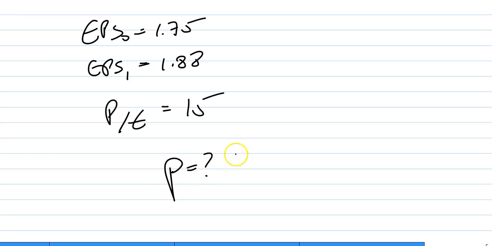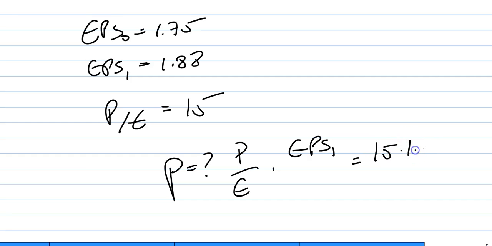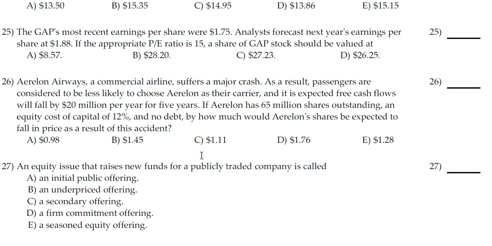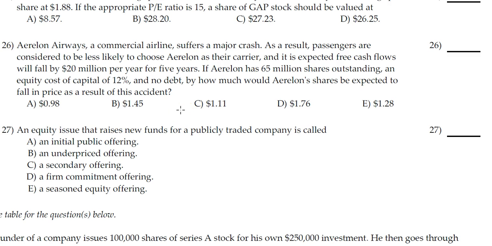Well, price would be taking the price to earnings ratio and multiplying it by earnings per share, the future ones, because we always want to base our information on expectations of the future. So in this case, it would be 15 times 1.88, which would give us 28.2 as the stock price, which puts us at answer B.